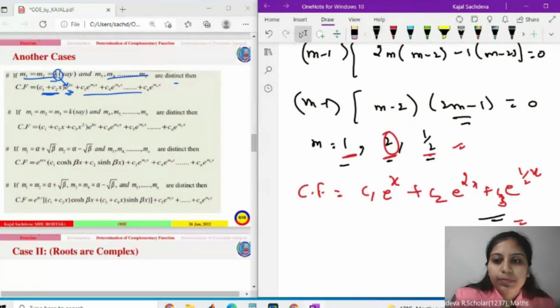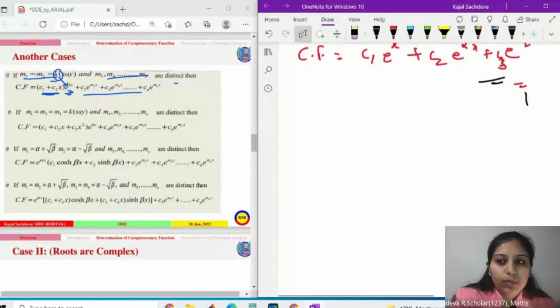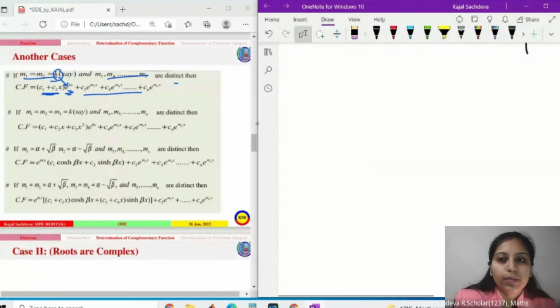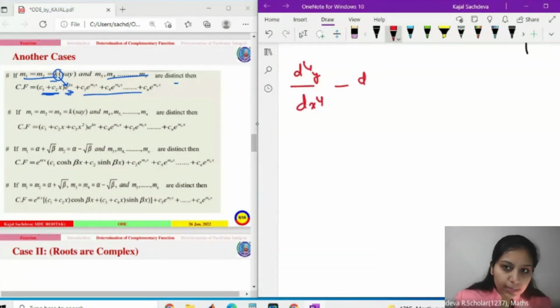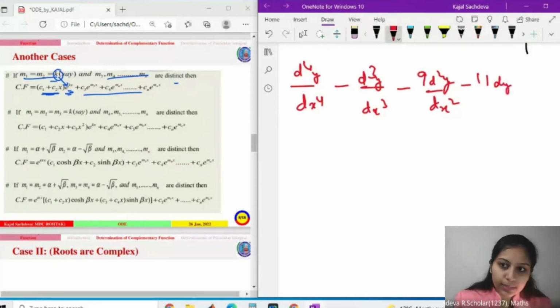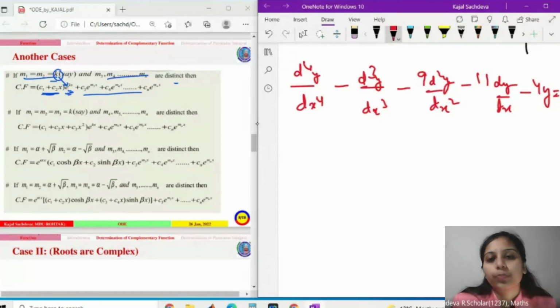So here we have an equation like d4y upon dx4 minus d3y upon dx cube minus 9 d2y by dx square minus 11 dy by dx minus 4y is equal to 0.